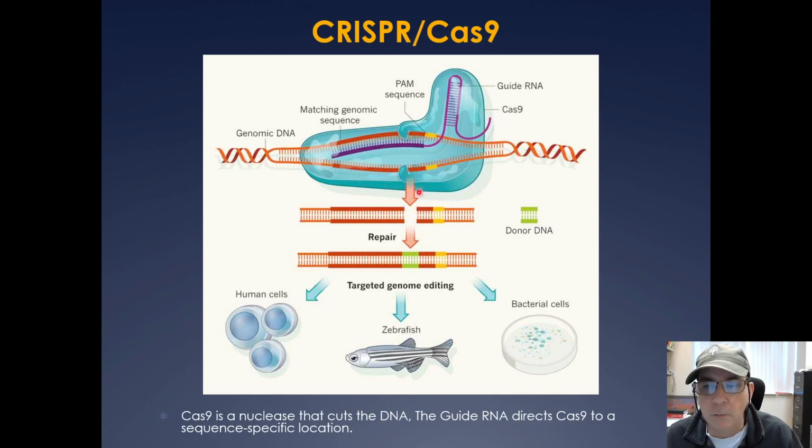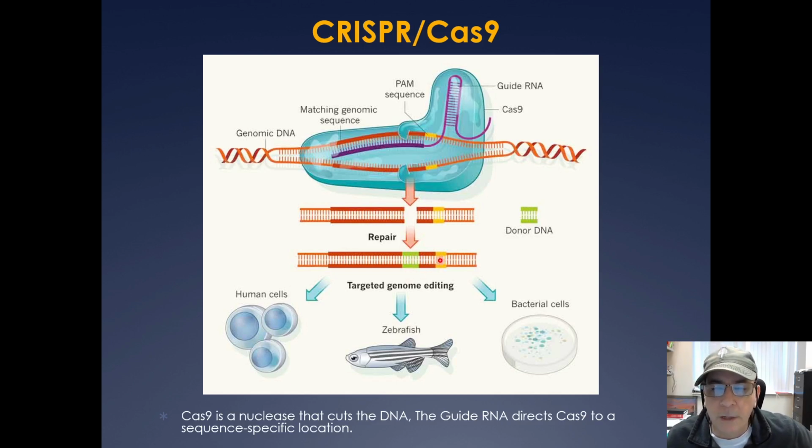But the long-term goal and the hope of the CRISPR-Cas9 system is in the ability to use it for gene therapy, where you could create a targeted cut at a gene that's non-functional and theoretically put in a piece of donor DNA that can repair the genetic mutation.